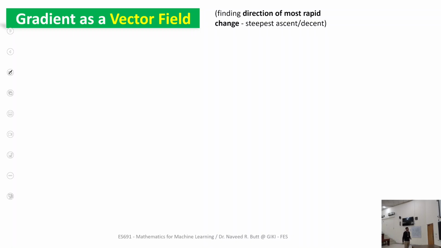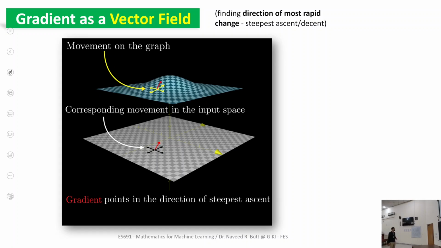So, gradient as a vector field helps us find direction of most rapid change, which is steepest ascent or steeper descent, heavily used in optimization, machine learning. So, this is what it does basically, जो मैंने अभी plot किया आपके लिए पहले.